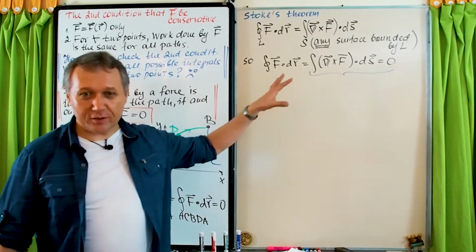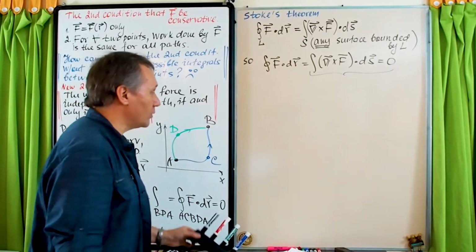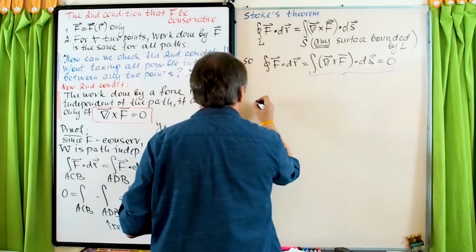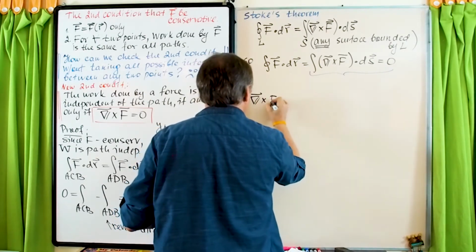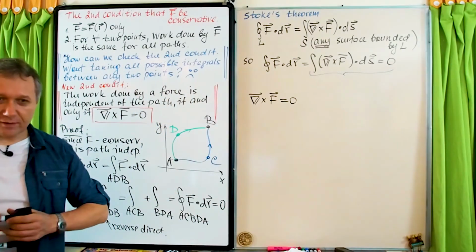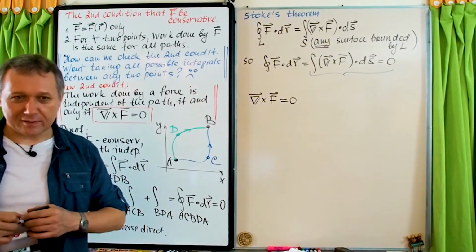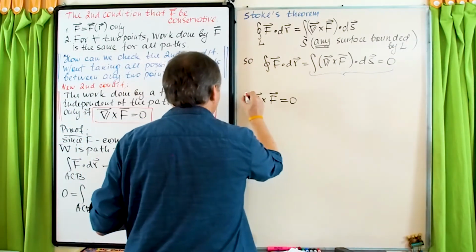So which words do I have to pronounce in order to write that curl of F equals 0? Okay, I will write. And still, which words do we have to say, except for please be extracted from the integral, right?